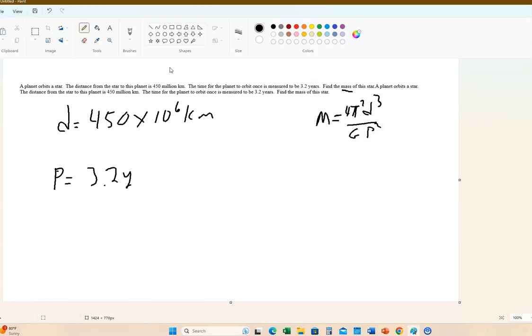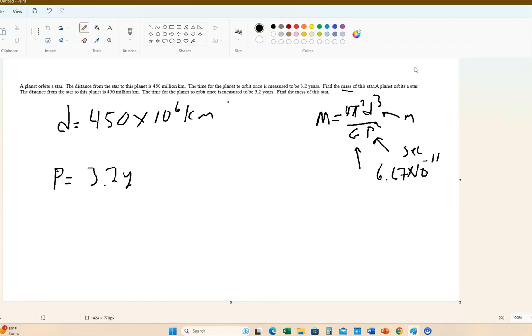The distance d has to be in meters, so we're going to convert this one to meters, and the period always has to be in seconds. Big G is what it always is, 6.67 times 10 to the minus 11th. Big G actually has units, but as long as you have the distance in meters and the period in seconds, you're good to go.